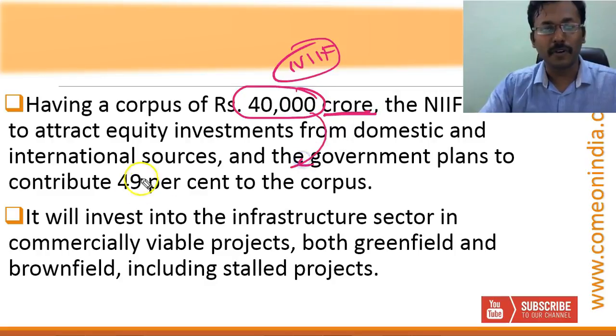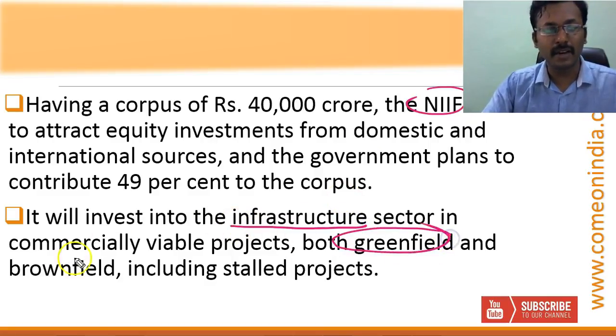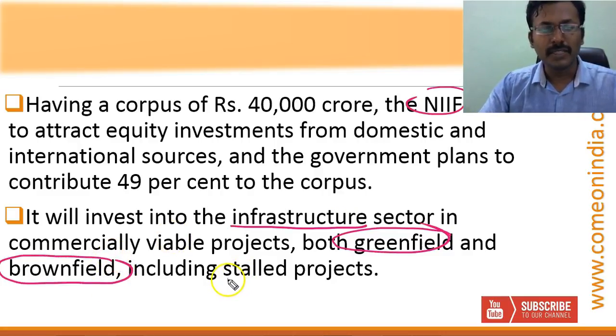Out of that, 14% will be contributed by the Government of India. The fund will be invested in the infrastructure sector, mainly in greenfield and brownfield projects, and also in stalled projects.